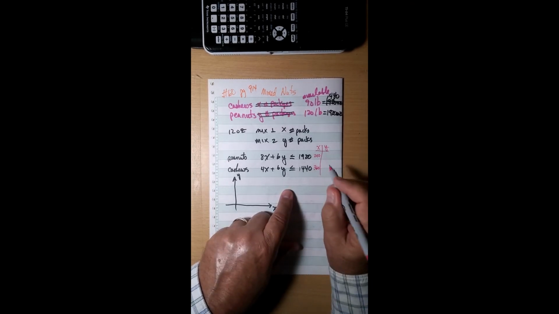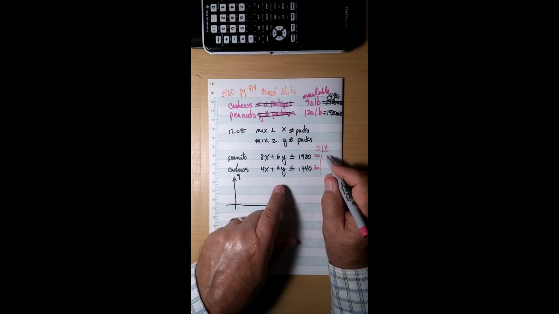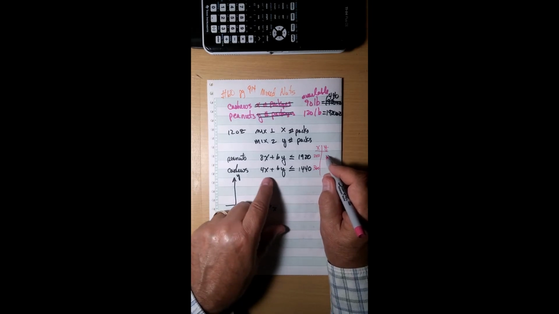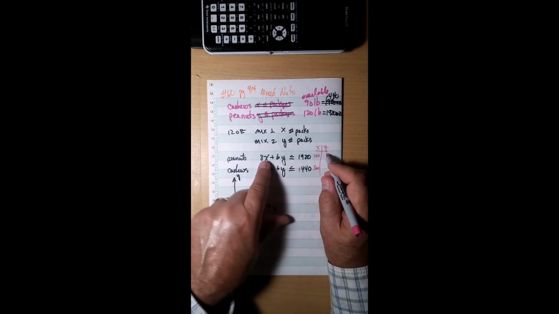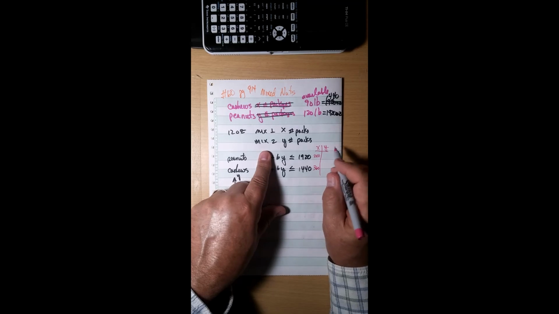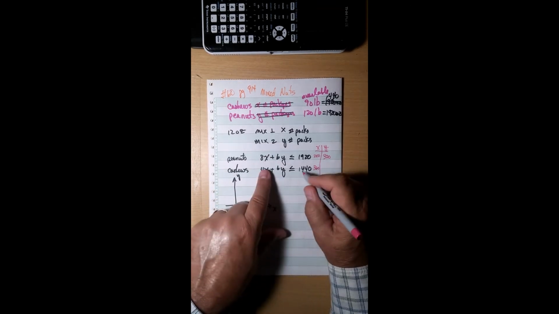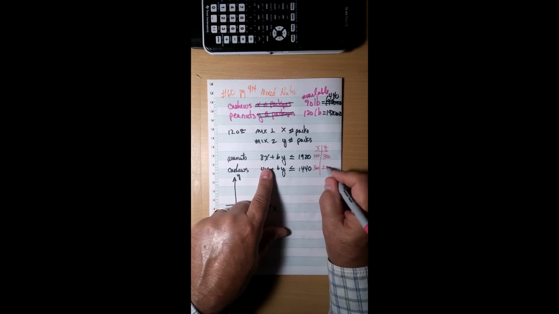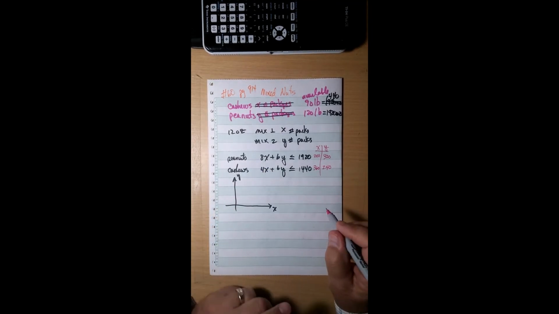For Y, 6 divided into 1920, because you want the y-intercept, is 320. And 6 into 1440 is 240. Now we know the x and y-intercepts.